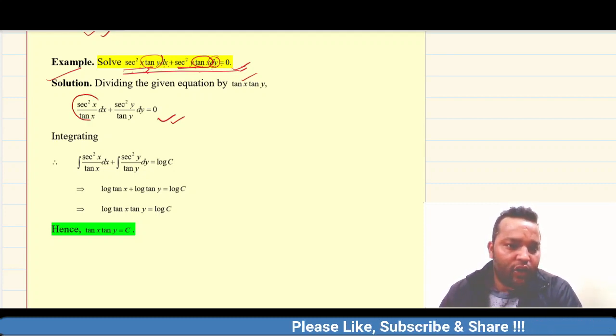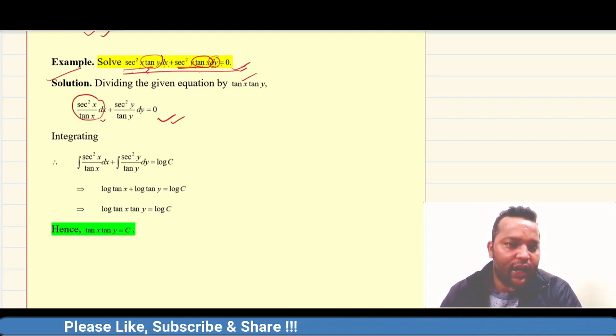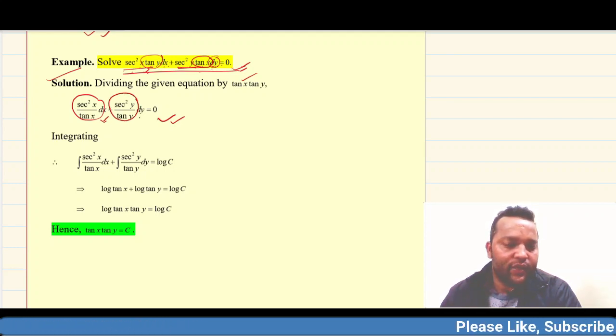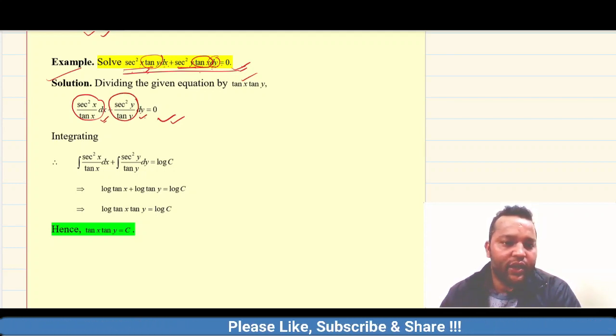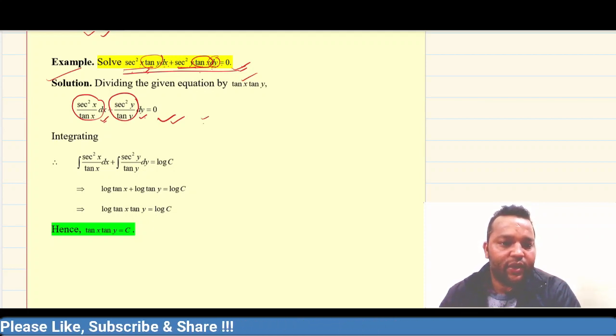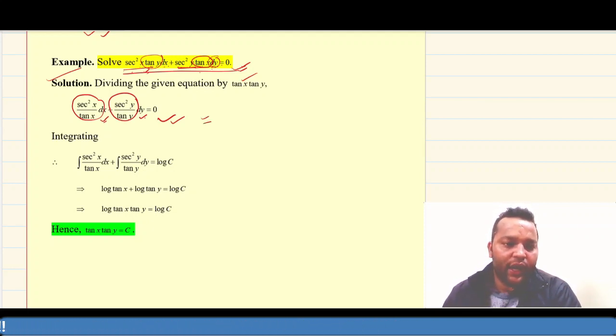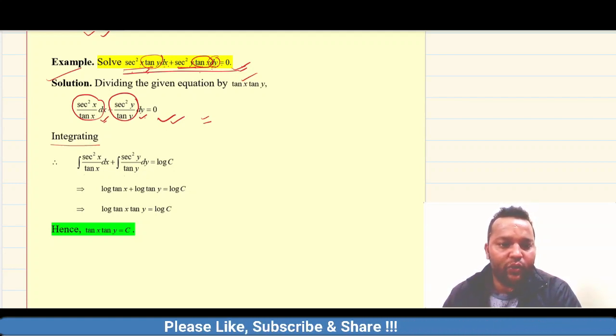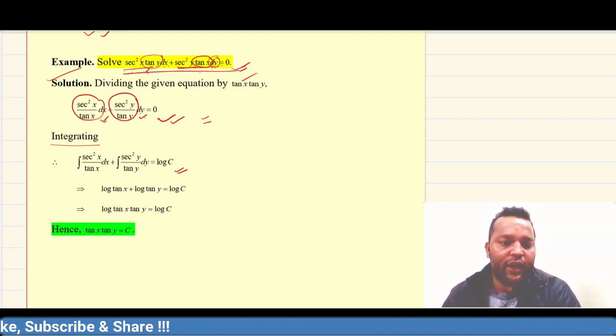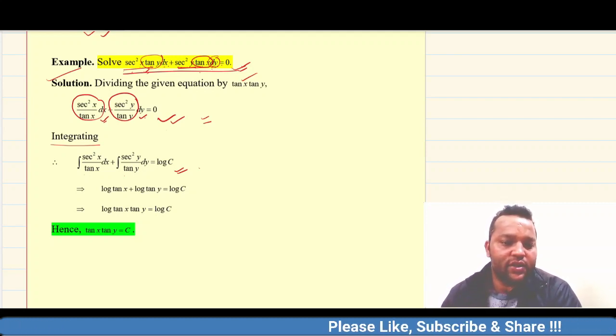Here all the functions of x are along with dx and all the functions of y are along with dy. So this form is variable separable form, and in order to find its solution we simply integrate both the sides and add a constant of integration on one of the sides.